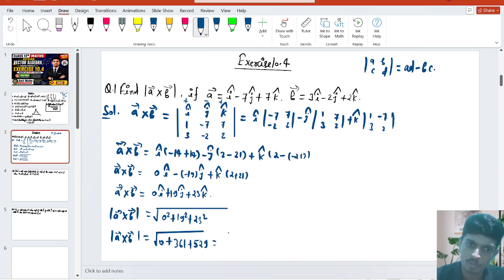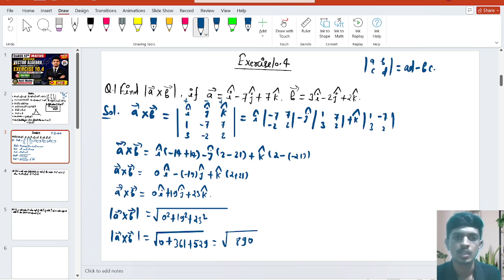So adding them, you get 890, under root.